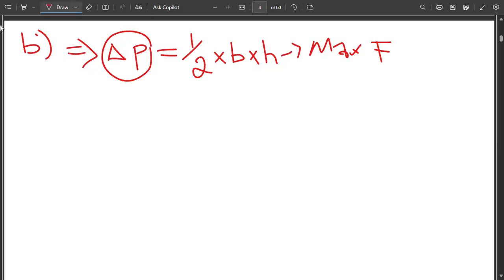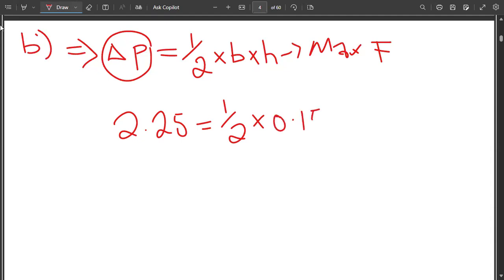So I'll say 2.25 is equal to 1 over 2 multiplied by the breadth, which is the time given under the graph, 0.150 seconds, multiplied by F max, which is the maximum force in this case.